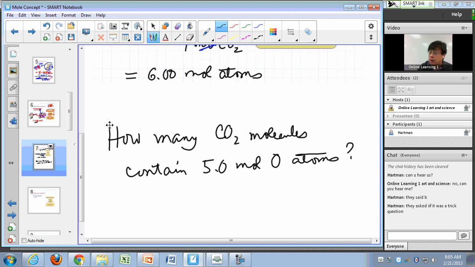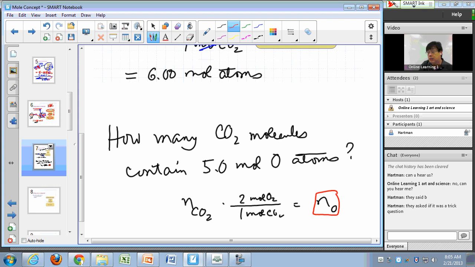Well, again, you go by the fact that the number of CO2 molecules, right? You multiply by the subscript, which is 2 moles of oxygen per mole of CO2. That would give you the number of moles of oxygen. So you can solve for the moles of oxygen here.